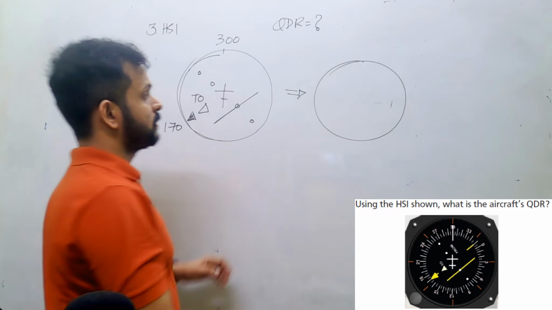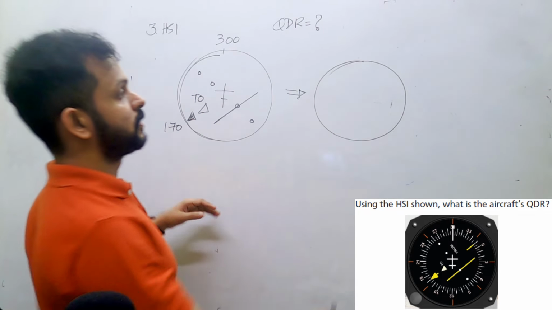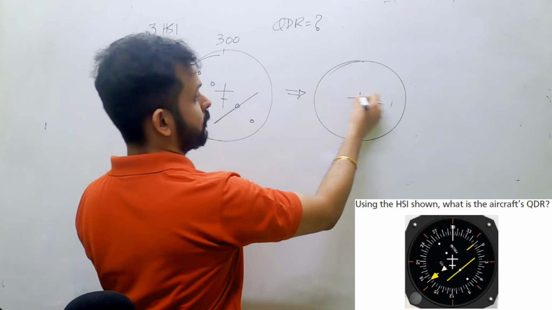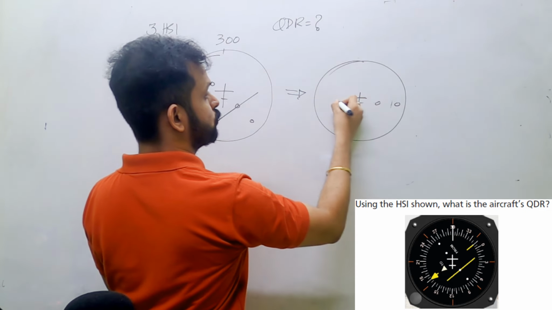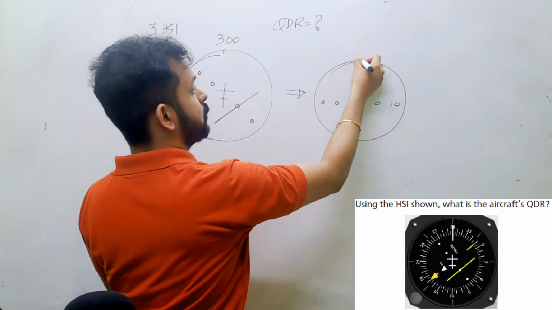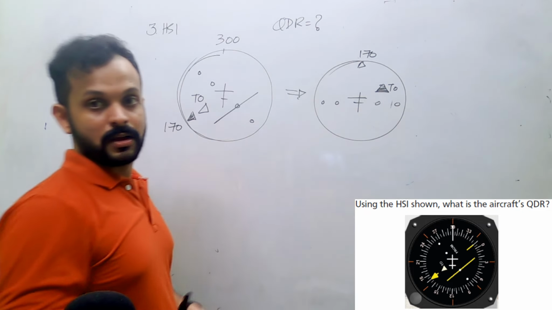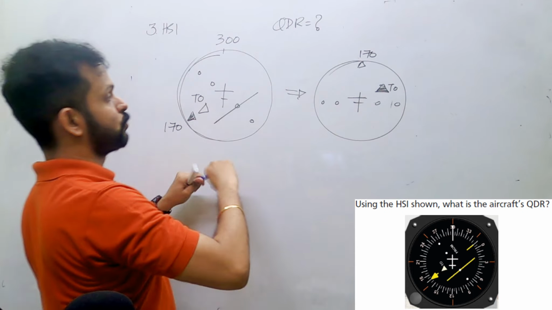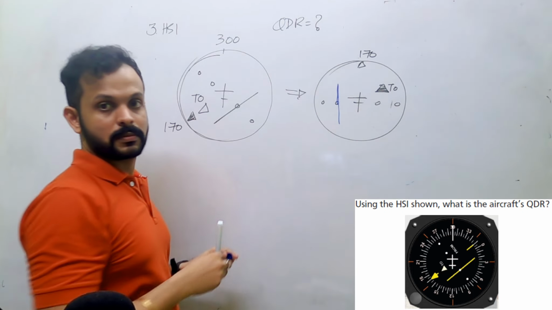And if you get experience, then probably you will be able to read from here itself. So let's draw the CDI. But in this case, we have a 2 dot CDI. 1, 2, 1, 2. The OBS is 170 with a to flag. What about the needle? When you straighten it, the needle is going to be here. Correct?